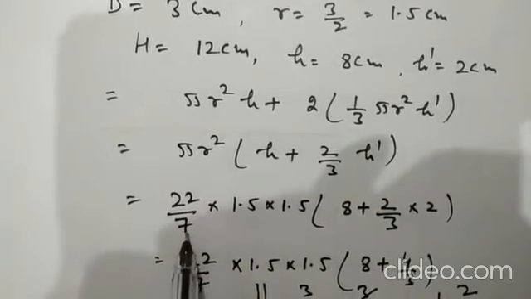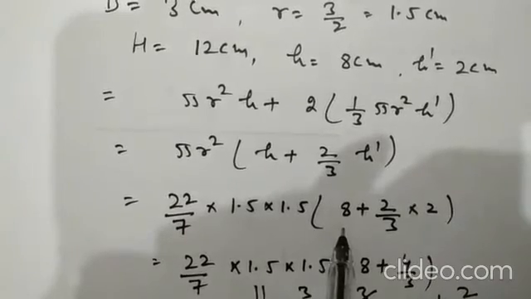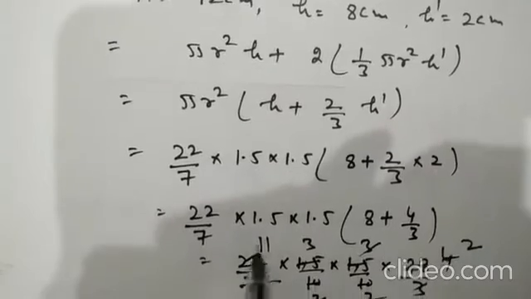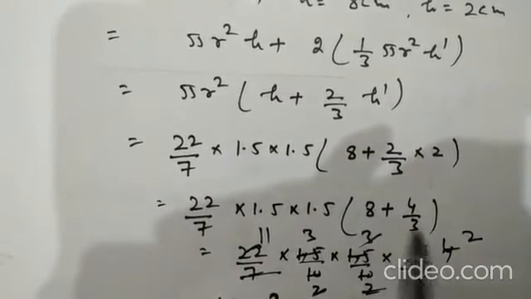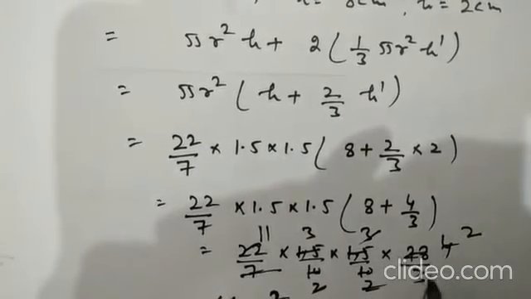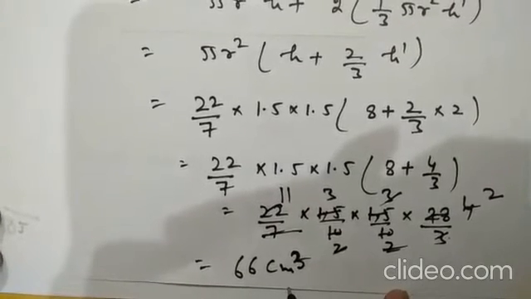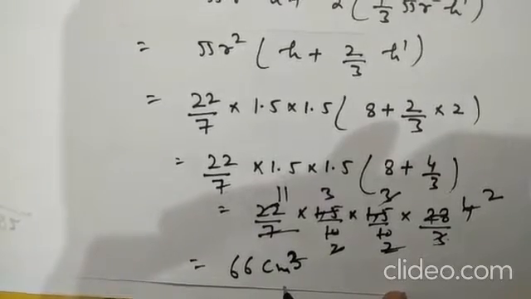So putting the values, radius 1.5, height of cylindrical part is 8 and height of conical part is 2. 22 by 7 into 1.5 into 1.5 into 8 plus 4 by 3. When we solve the bracket, it is 28 by 3 and after simplification it is 66 cubic centimeter, that is the volume of air contained.